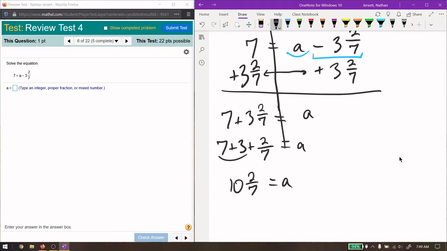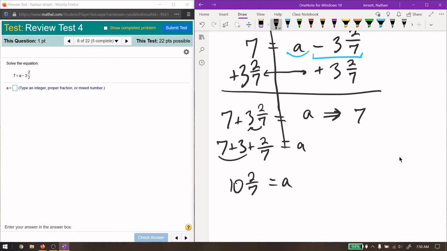So adding mixed numbers tends to be easier. When you subtract mixed numbers, that's when it becomes a little bit more confusing, and that's when I recommend changing to an improper fraction and then solving. So I'll just do it that way here, even though you don't necessarily need to, but I'll just show you the process.